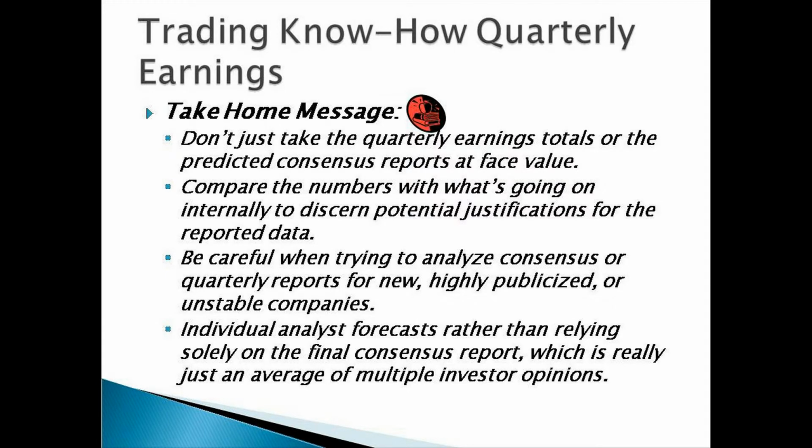Another tip for trading is to research individual analyst forecasts rather than relying solely on the final consensus report, which is really just an average of multiple investor opinions. So if you notice that one particular investor with a track record of successful predictions has a strongly different opinion from what is reported in the consensus group average, you may be able to use this information to your advantage.